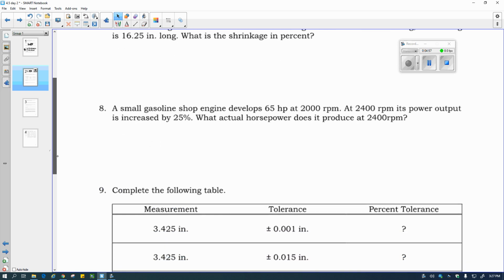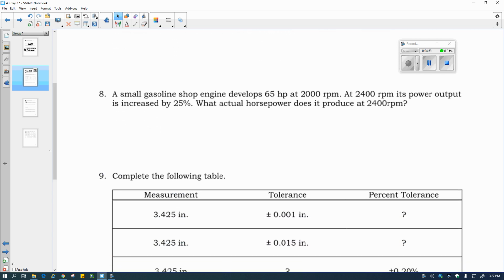On some of them, like in problem number 8, a small gasoline shop engine develops 65 horsepower at 2,000 RPMs, and at 2,400 RPMs, its power output is increased by 25%. What is the actual horsepower it produces at 2,400 RPMs? So what we're doing is we are going to take this horsepower here and increase it by 25%.